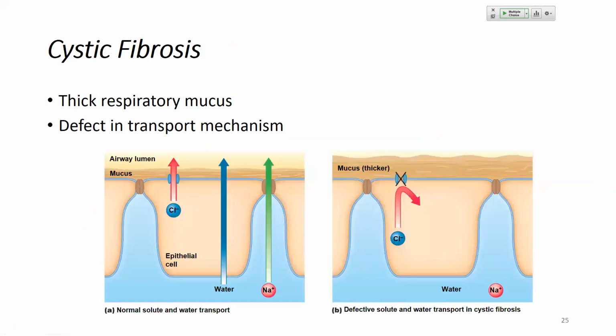Now let's talk about cystic fibrosis. Has anyone ever heard of cystic fibrosis? Yeah, it's kind of common. It's a disease that has many symptoms, mostly respiratory, and it's characterized by thick respiratory mucus and lots of lung infections and upper respiratory infections.